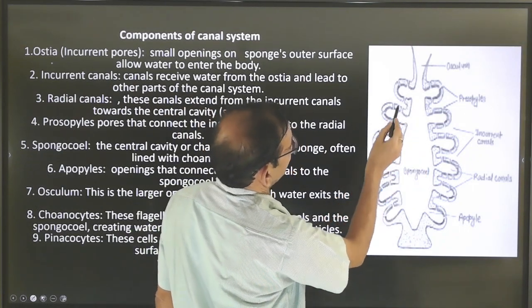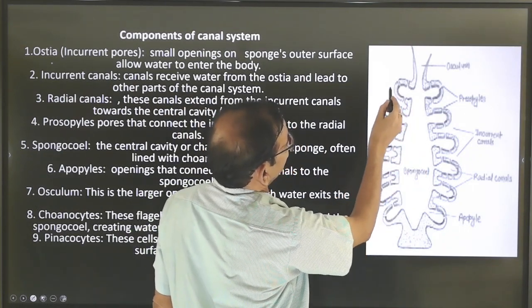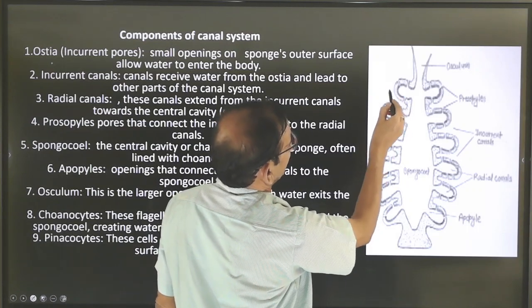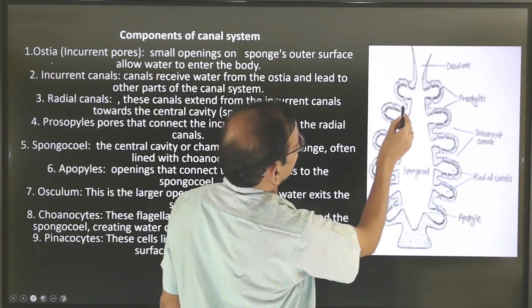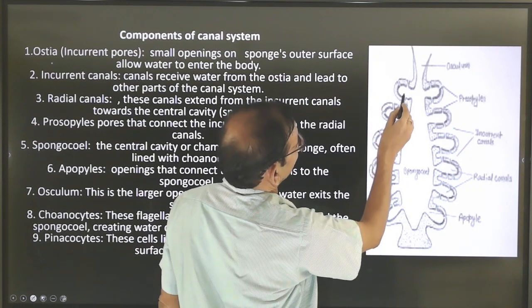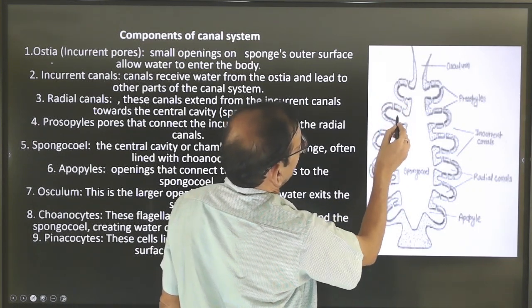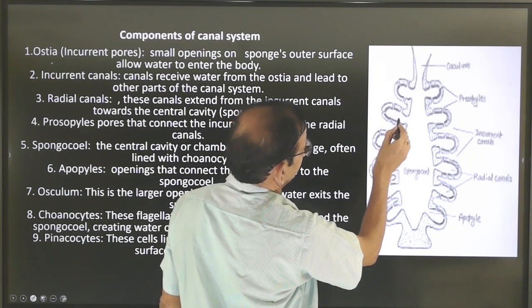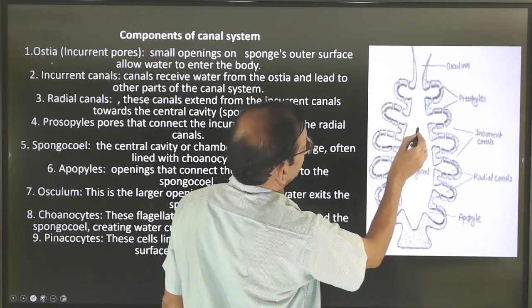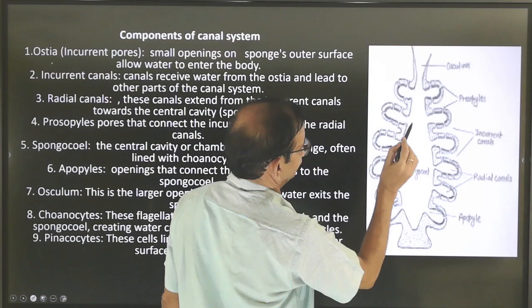This is the spongocoel, this is the radial canal, and this is the incurrent canal. The radial canal and incurrent canal are joined by prosopyle. Again, this radial canal joins the spongocoel by apopyles.